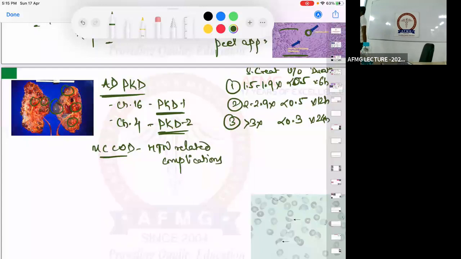No issues with PKD. Important, it can be autosomal recessive, it can be autosomal dominant. But more common is autosomal dominant, with PKD1 on chromosome 16, PKD2 on chromosome 4.